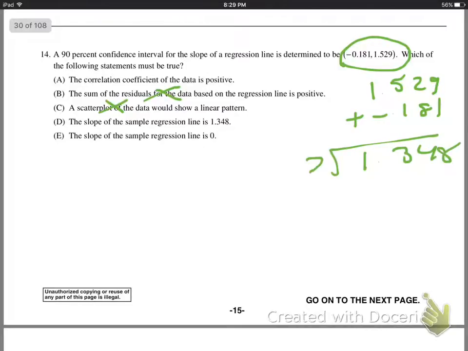Then I have to divide by 2 to get the midpoint, 0.674. That's my slope. My slope is 0.674. So it's not E, and it's not D. Well, let's look at A. If my slope is positive, what do I know about my correlation? My correlation is positive, so the answer is A.